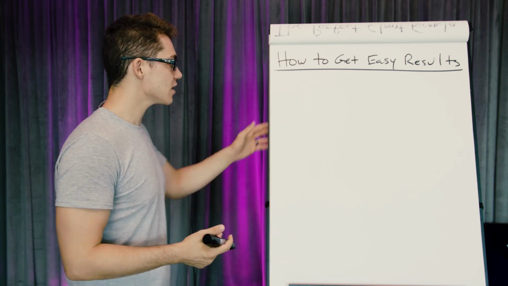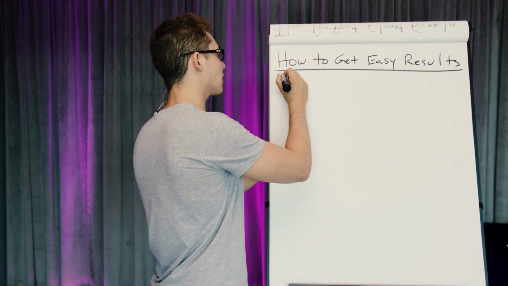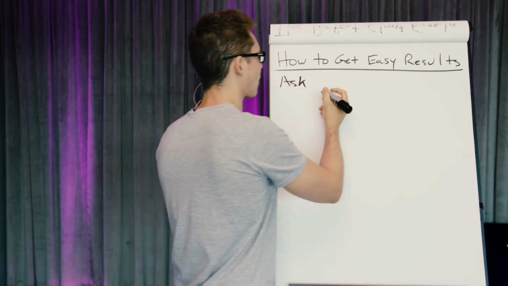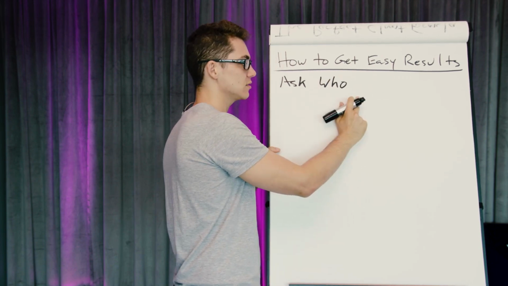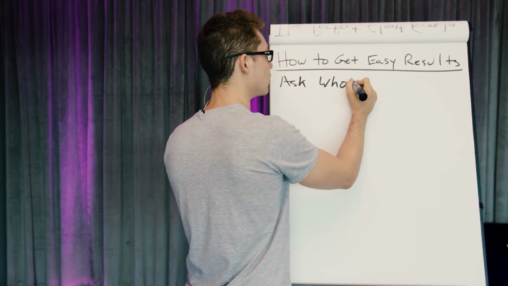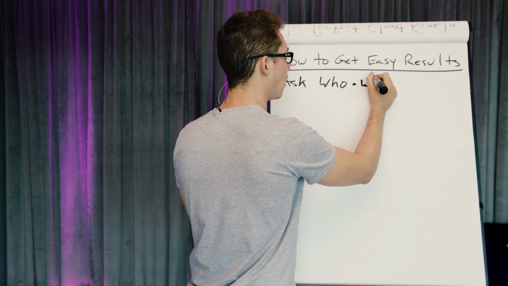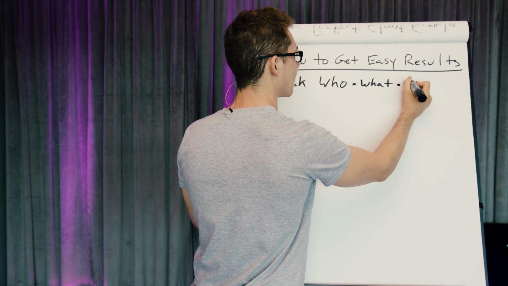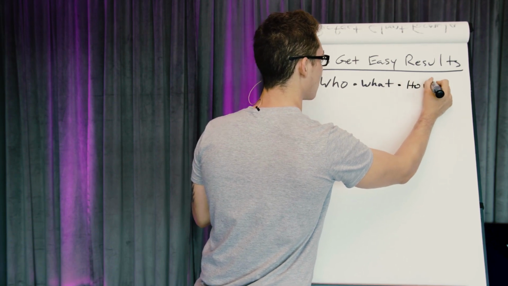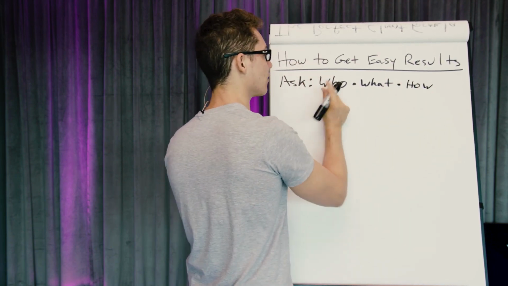So the first thing we're going to do is we're going to ask the client who closes their sales, okay? Who closes their sales and what that sequence usually looks like and how they are getting their existing sales.